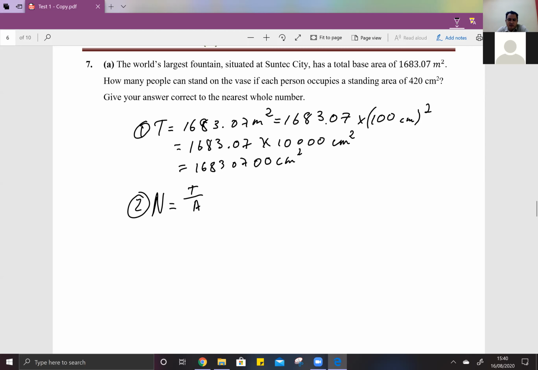Now let's just substitute their values. Capital T equals 1683.0700 centimeters squared. Also put centimeters squared. Okay. So now we cancel them out. Now can you write the answer?